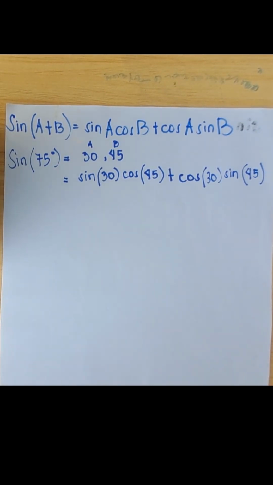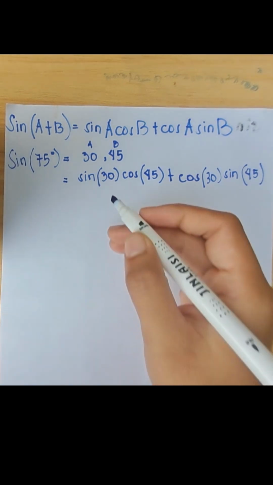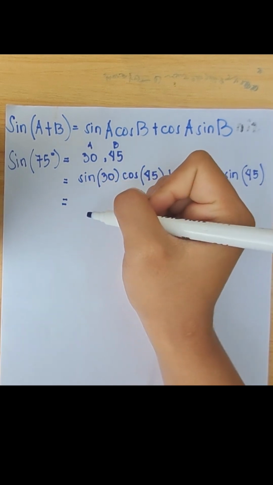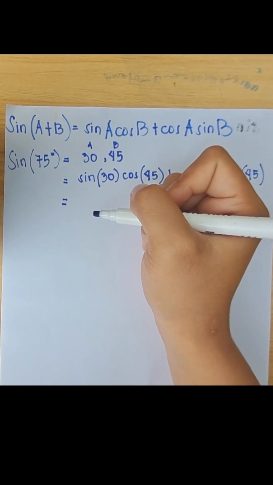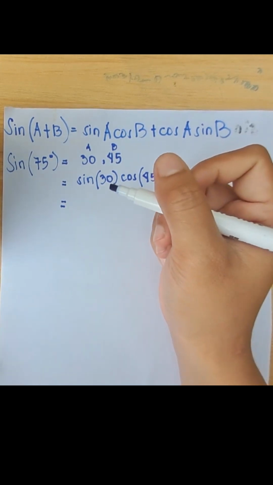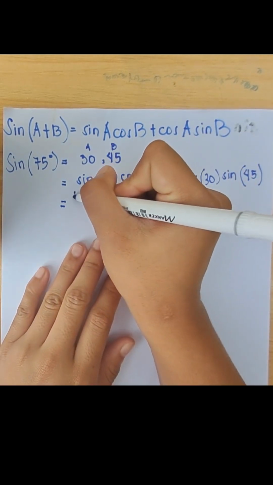The third step is to know the corresponding values. The sine of 30 is 1/2.